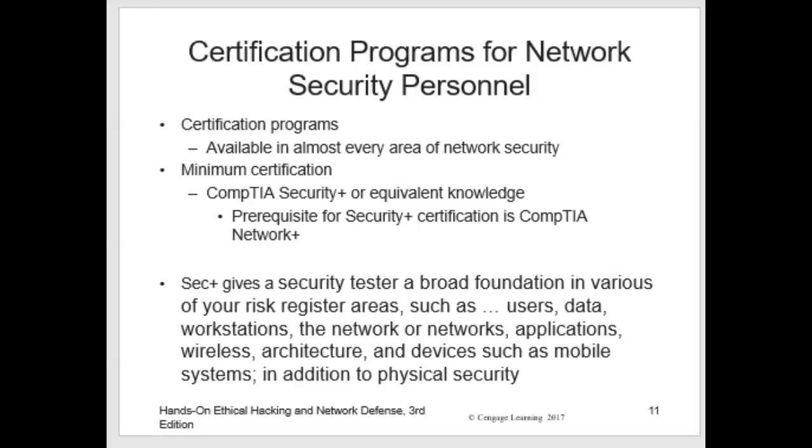Data at rest, data in motion, data in use, data in the cloud, right? What about vulnerabilities on the workstations themselves? What about mobile devices and their vulnerabilities? What about network devices or even applications? What about the architecture of the company and any of the vulnerabilities that go with those? And I think I already mentioned mobile devices, right?